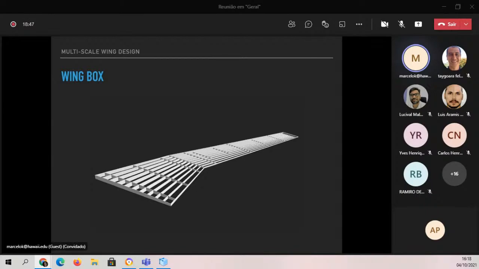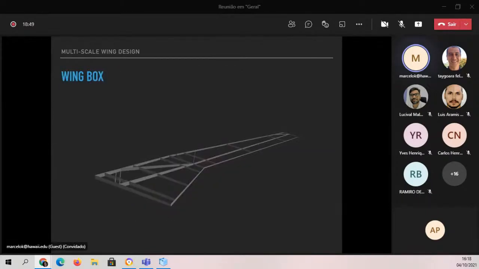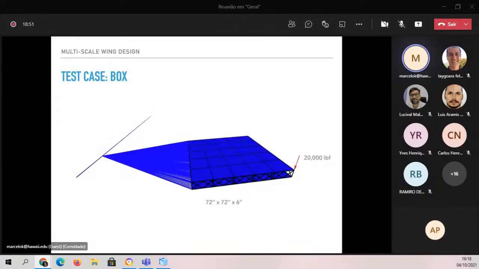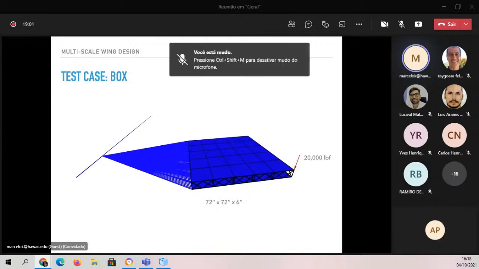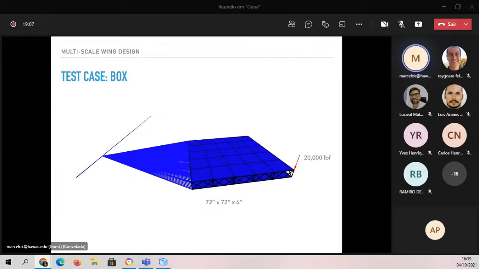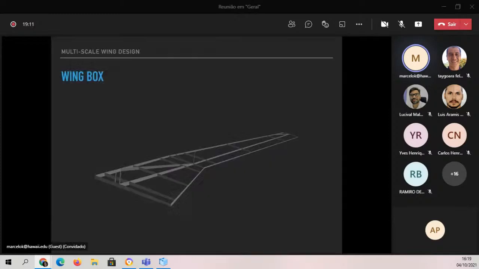Now, what we started doing in the summer was to move that to a multi-scale. So if you see here, the difference between this and the previous one is that now those substructure elements can themselves be trusses. Okay, so we can have trusses at a lower level, because if you look at the wing, this is a supersonic wing.